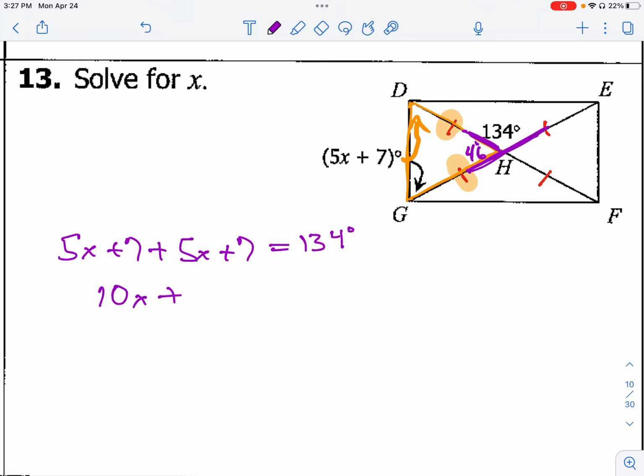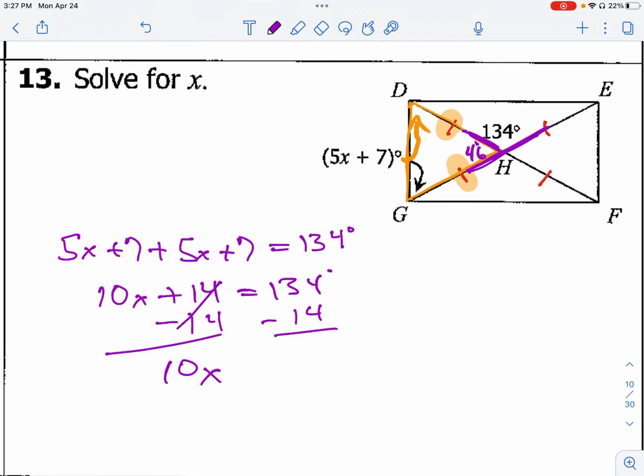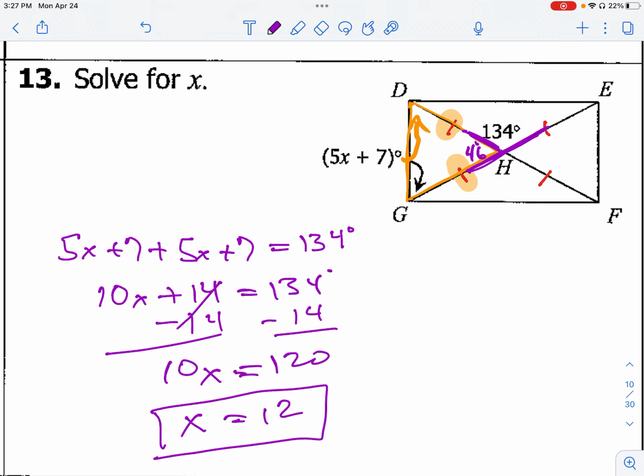So 10x plus 14 is 134 degrees. We get the x by itself. 10x equals 120. So x equals 12, and it wants us to solve for x. We are done. Try a couple for yourself.